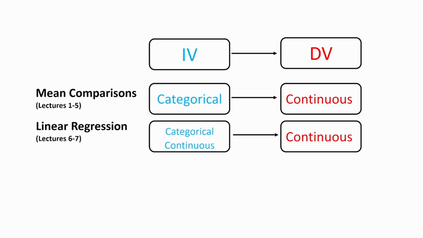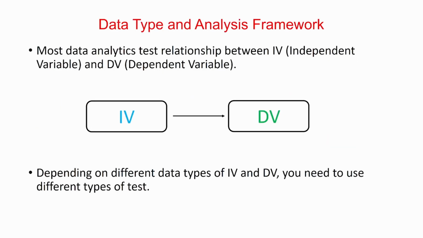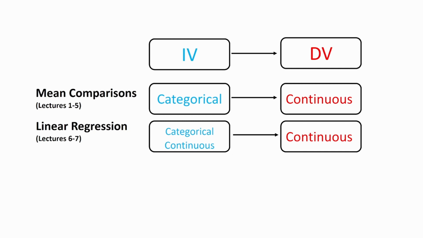For the linear regression, the independent variable can be categorical or continuous. So that's why I said earlier, depending on different data types of IV and DV, you need to use different types of analysis. We're going to look at mean comparison first. That's lectures 1 to 5, and after that we're going to look at linear regression. That's lectures 6 to 7.